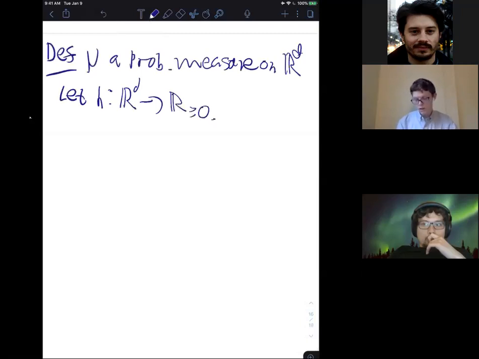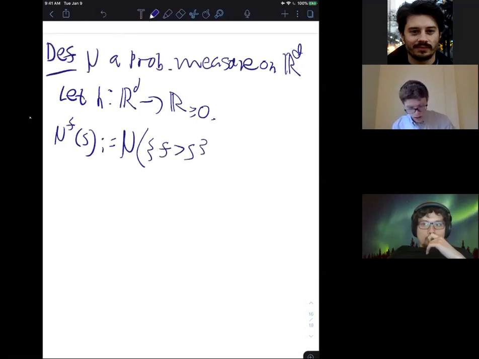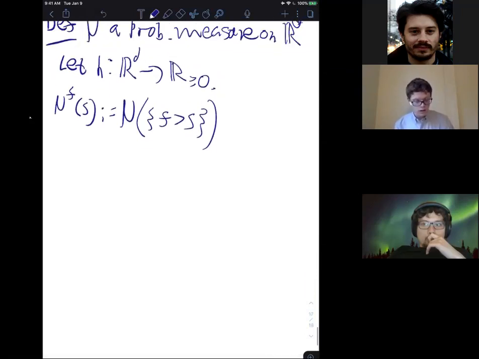We can define mu_h of s to be equal to the size of the superlevel set. Obviously this is decreasing in s. And then we define the decreasing rearrangement.